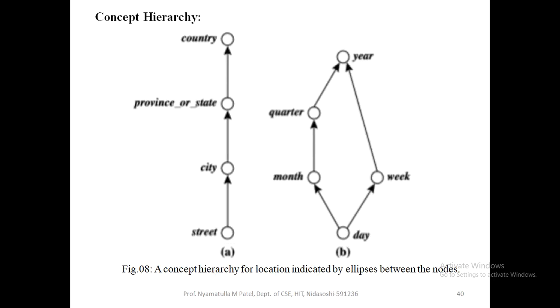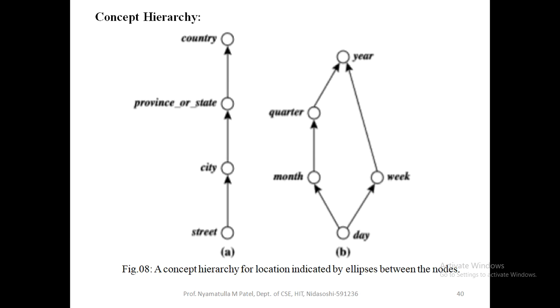Now this is another example, the concept hierarchy for location indicated by ellipses between the nodes. So what are we doing over here? Country to the state, to the city, to the street.